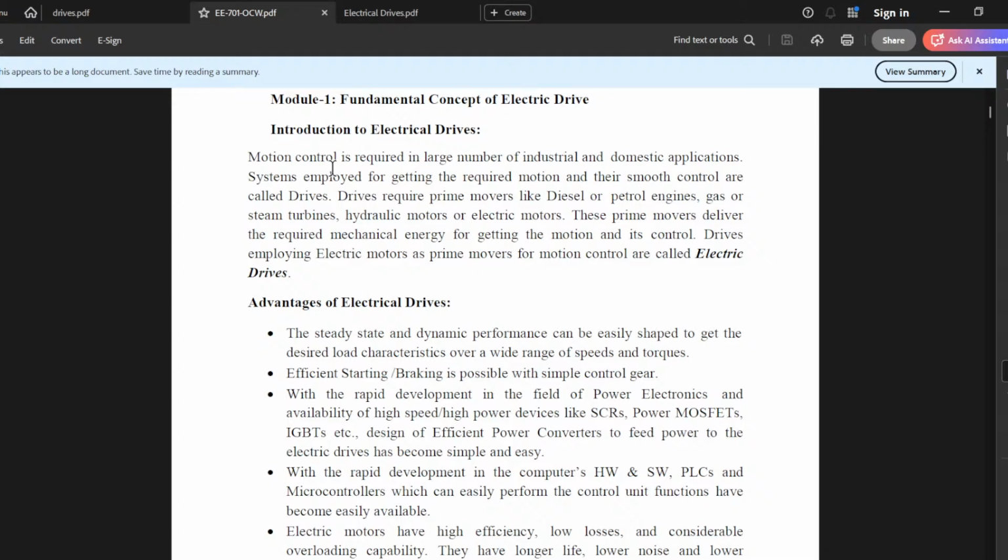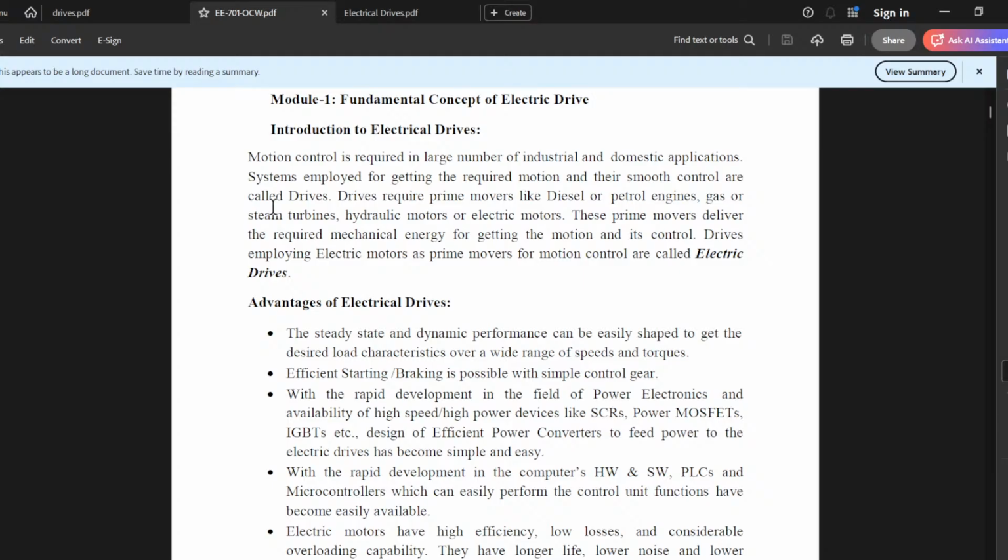Systems employed for getting the required motion and their smooth control are called drives. If you want, you can make notes with me. So, drives are motion controlled devices.